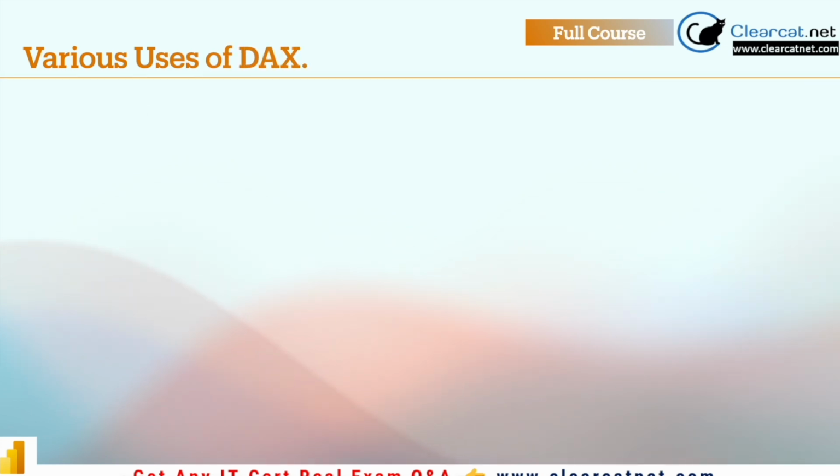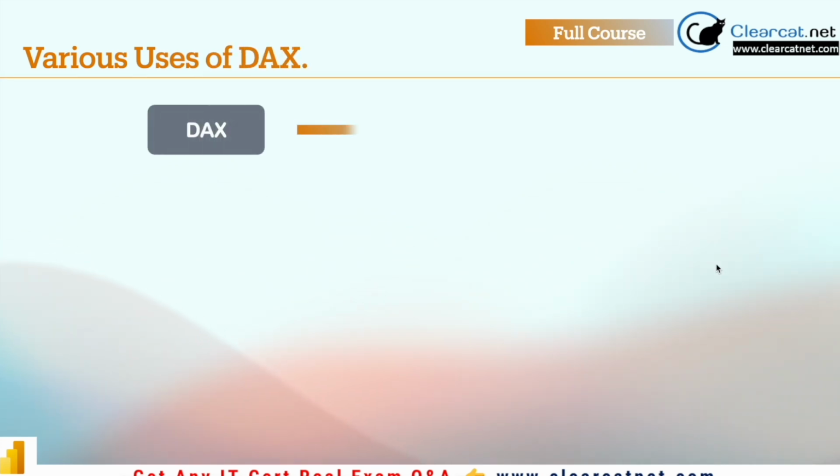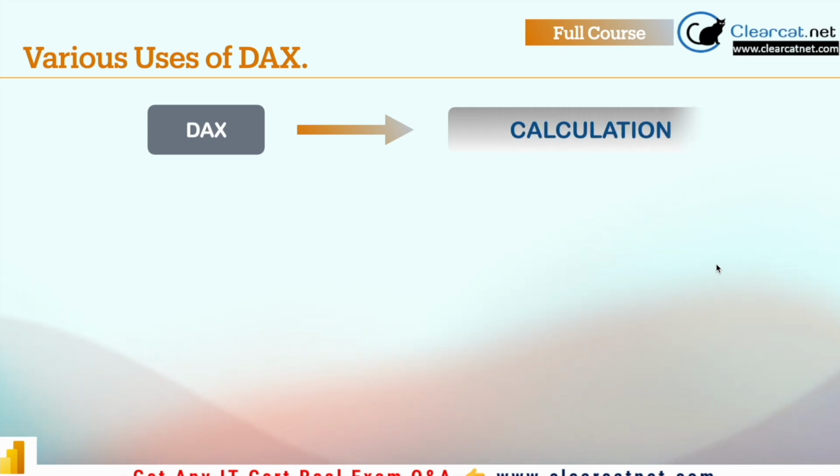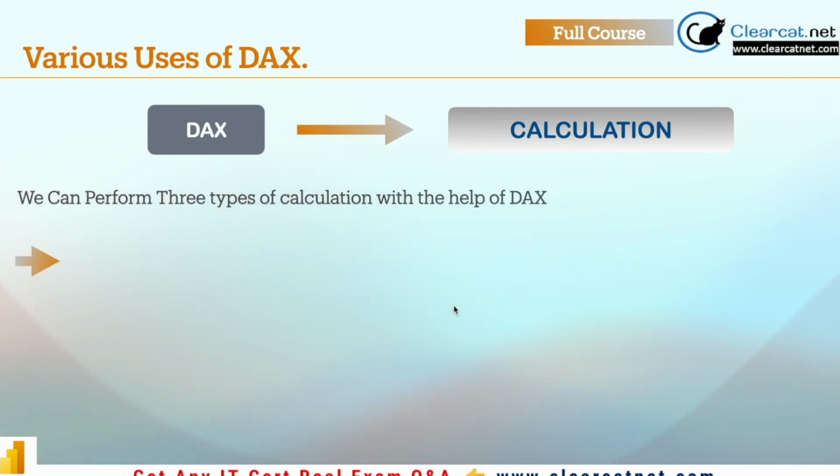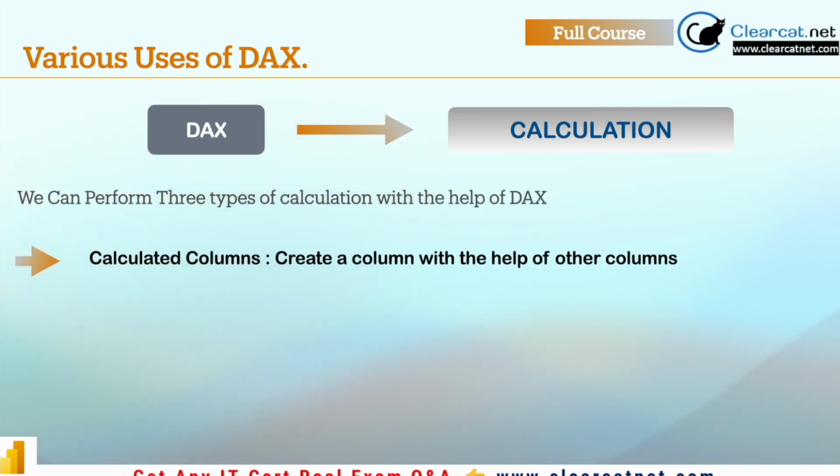Various uses of DAX. Till now we know that we are using DAX to make calculations. So all the things are going towards calculation. It may be with the help of columns, tables, or any other things in our Power BI. So we have 3 main calculations which we are going to perform in our Power BI with the help of DAX. Calculated columns: create a column with the help of another column.